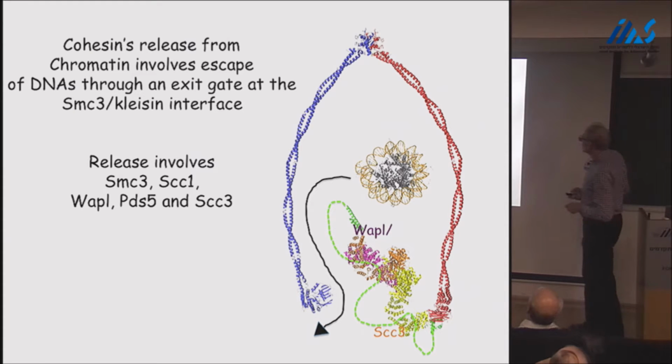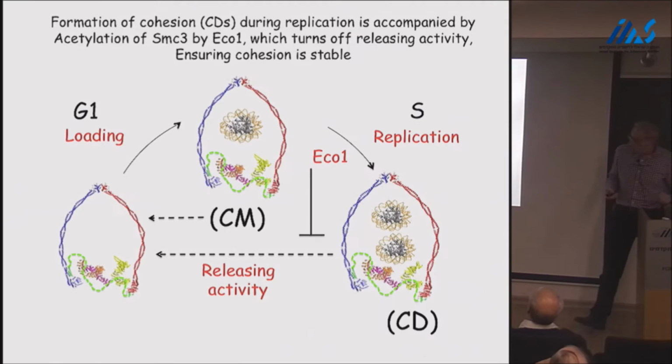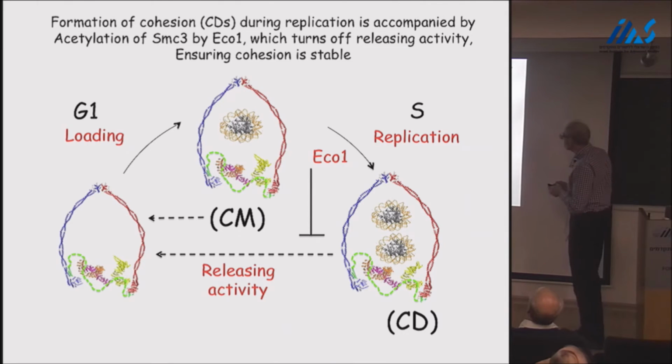In addition, what we know is that if this goes inside, then releasing activity will get you back to here. And in principle, you can build this structure and releasing activity would destroy that as well. So, how do you build cohesion and keep it stable?